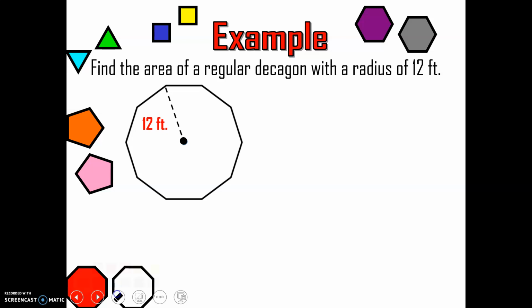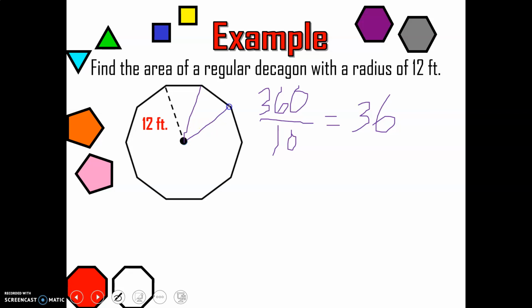So the calculation will start off with 360 divided by 10 sides, central angles of 36. So we've got 10 triangles here. We have a total of 10 because we have a decagon, and these central angles in here are 36 degrees.